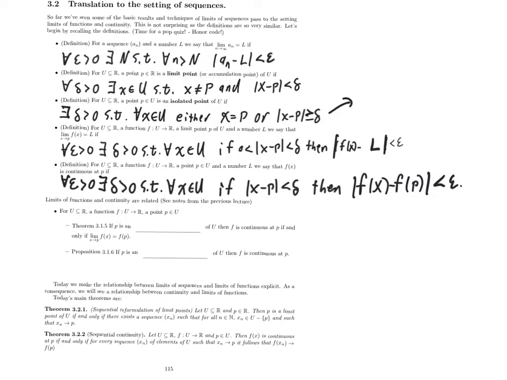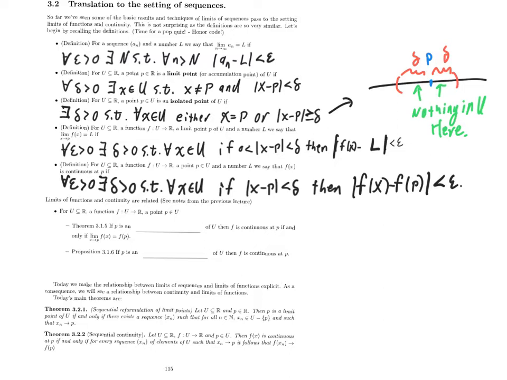So there's the number line, and there's P, and there's this radius of delta. There can be nothing in U on either side of P inside of that little open interval, except maybe for P.